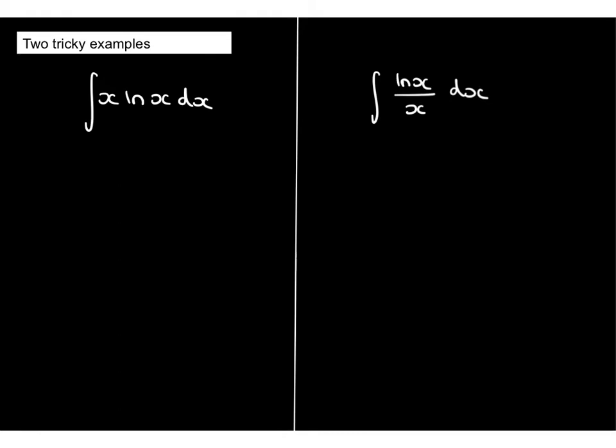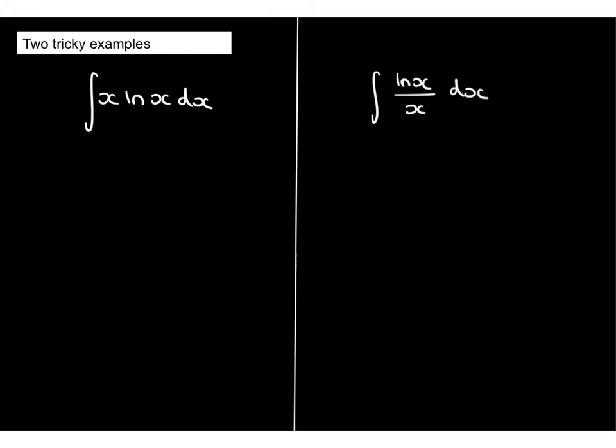Now, one of these can be done by parts and the other can be done by substitution. We can't mix up the processes though, so we need to match the correct integral with the correct process. Can you work it out based on what we were just discussing?